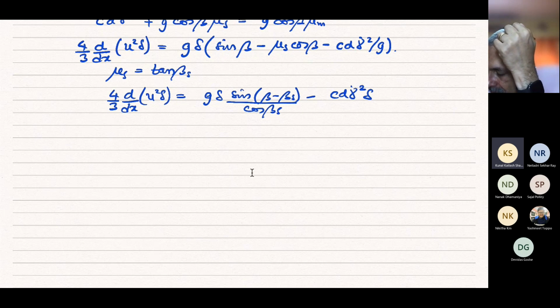Now, what we can say also is, instead of gamma dot, gamma dot is nothing but 2u by delta. So now I'll have an equation that has only u and delta, because I want to eliminate one out of the others.